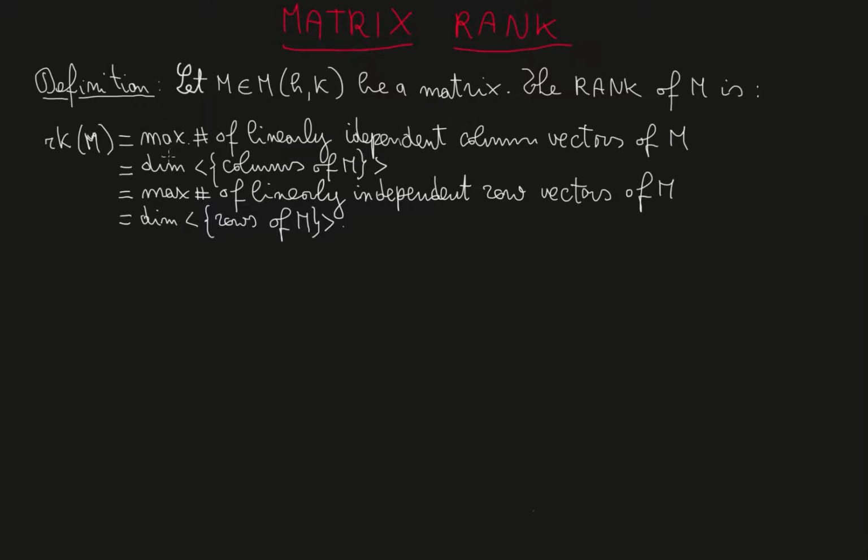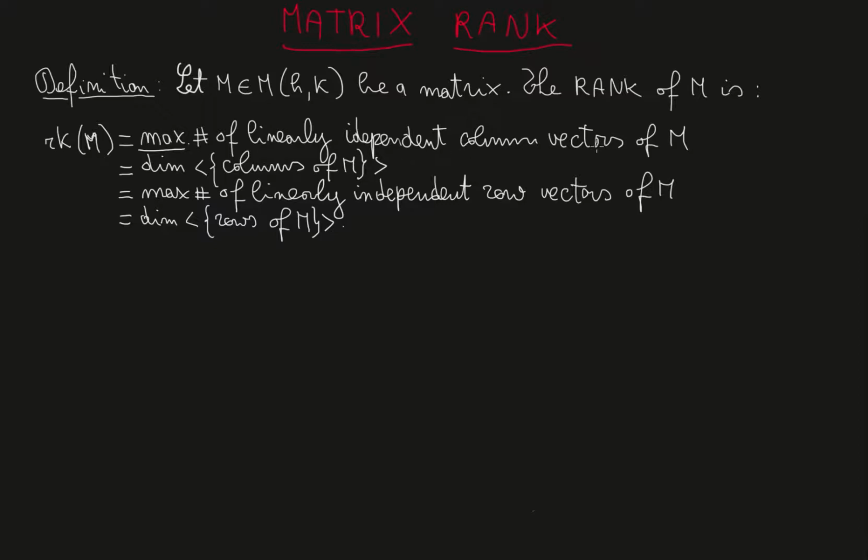Now it is crucial that here we consider the maximum number of linearly independent column vectors. Typically, when a student is asked the definition of rank, they are going to say the number of linearly independent column vectors.